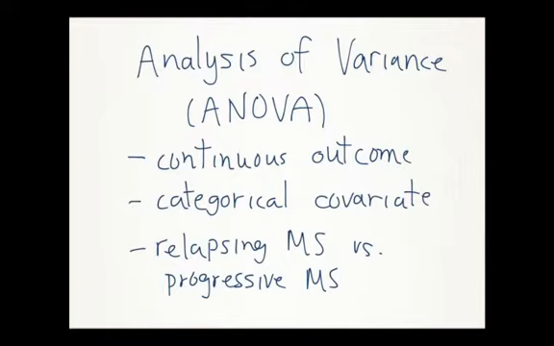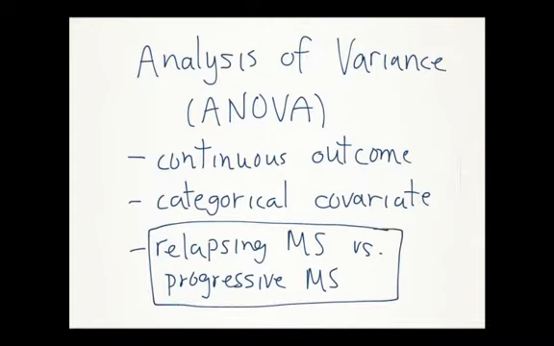We went through our 7 steps of hypothesis testing. First, we had to state the null hypothesis. Second, we had to state the type of data, by which we mean the continuous outcome, binary covariate, and so on. Third, we had to determine the appropriate statistical test. For this example, it was a 2-sample t-test, because we had 2 groups. Then we had to state the summary statistics and calculate a p-value.